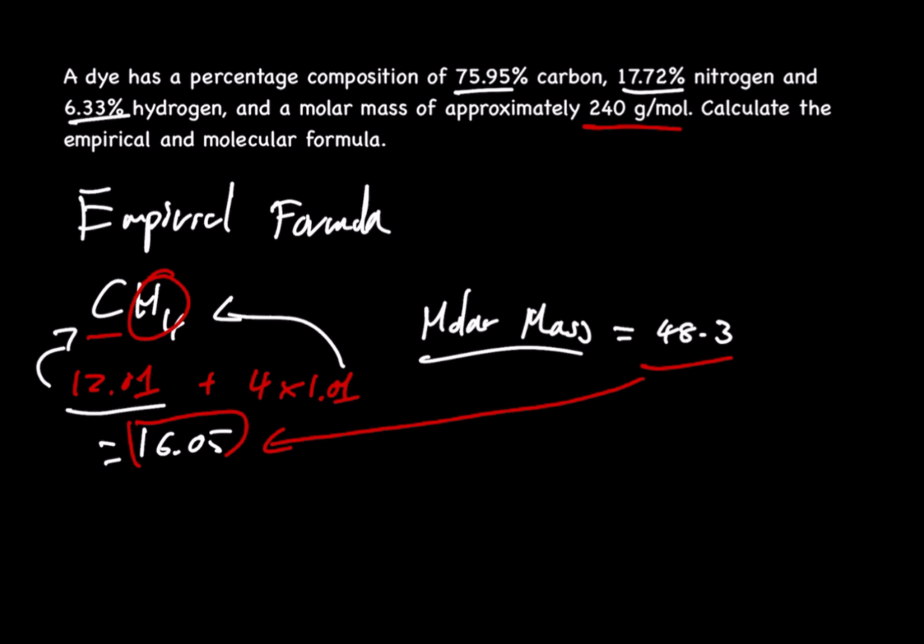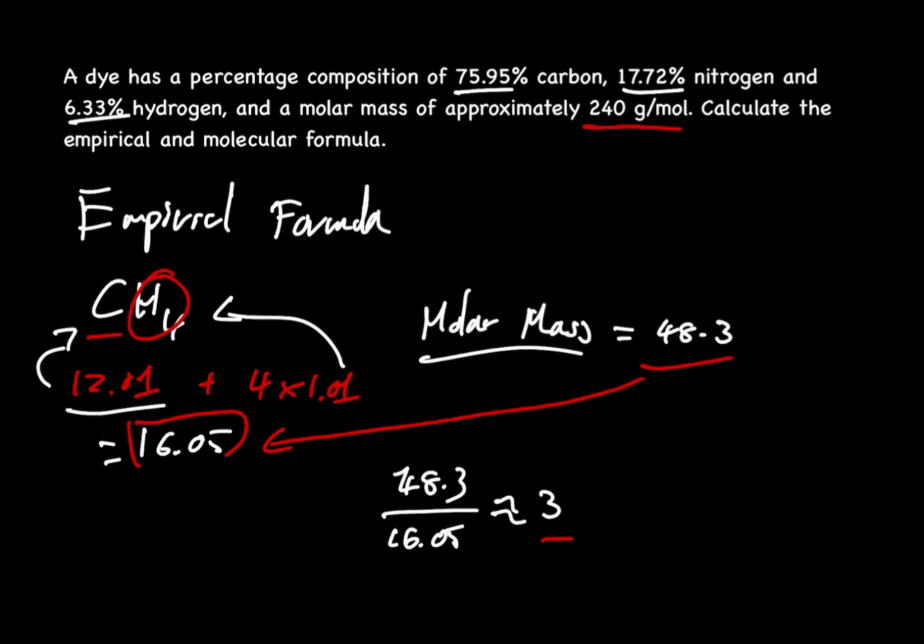So you take 48.3 divided by 16.05, and it's going to give you roughly 3. You take this number 3, and then you multiply each subscript of each atom in your empirical formula by this number.